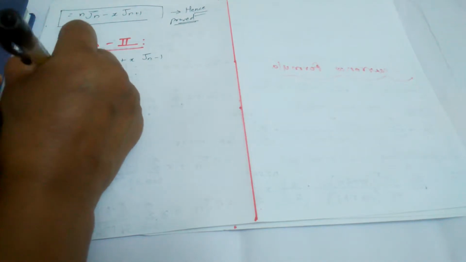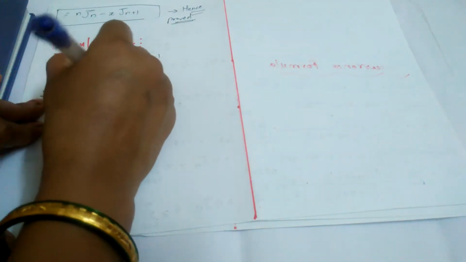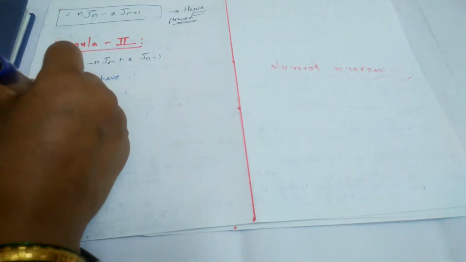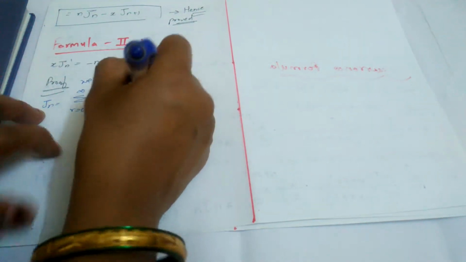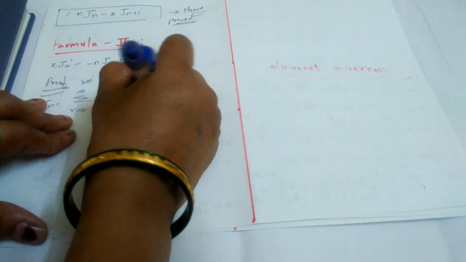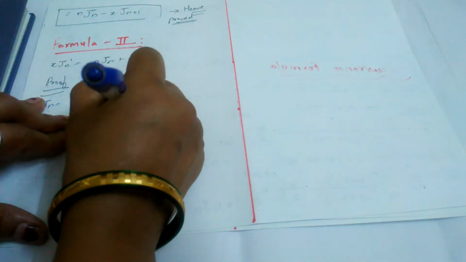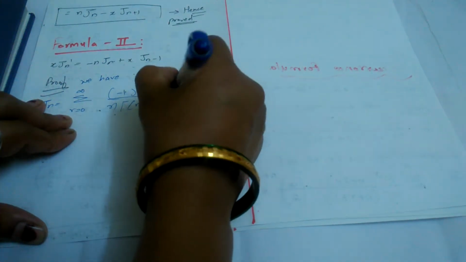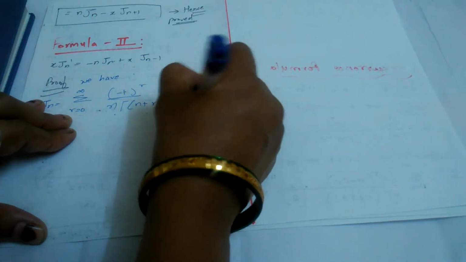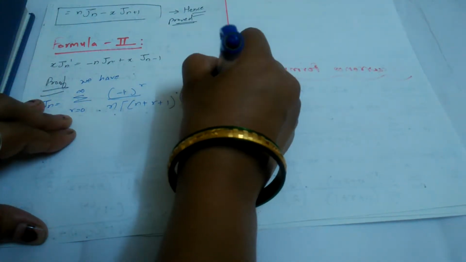So proof. We have J_n equals summation of r equals 0 to infinity, minus 1 raised to r, divided by factorial r, factorial n plus 1... n plus r, into (x/2) raised to n plus 2r.